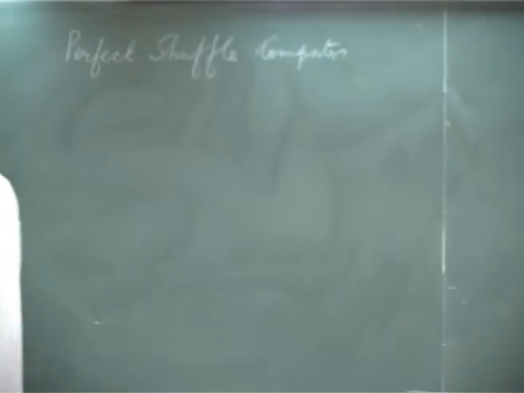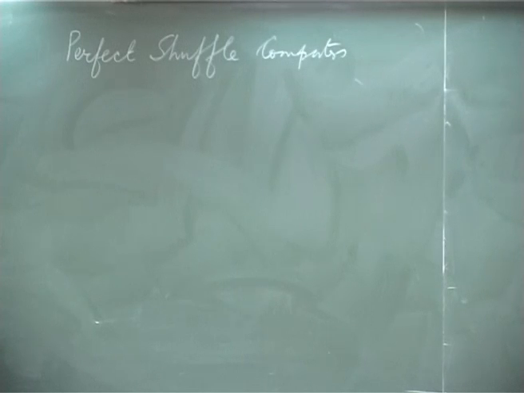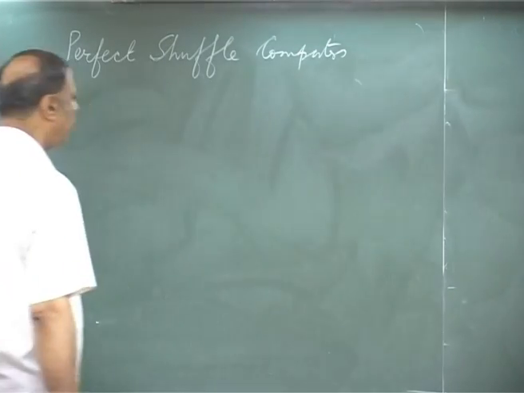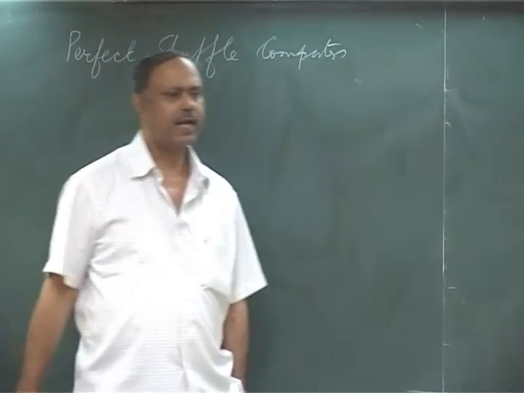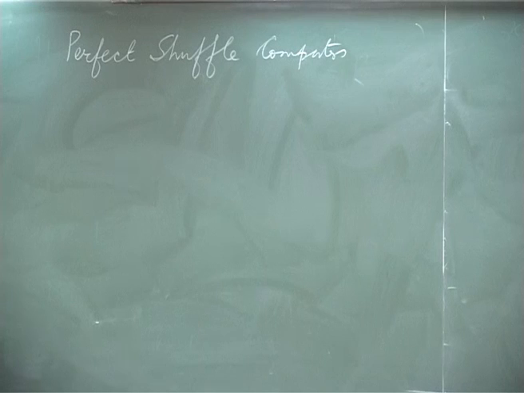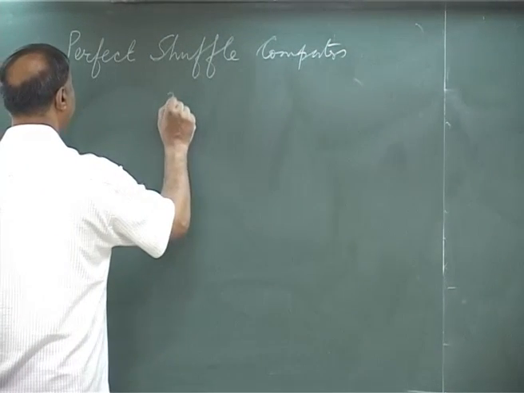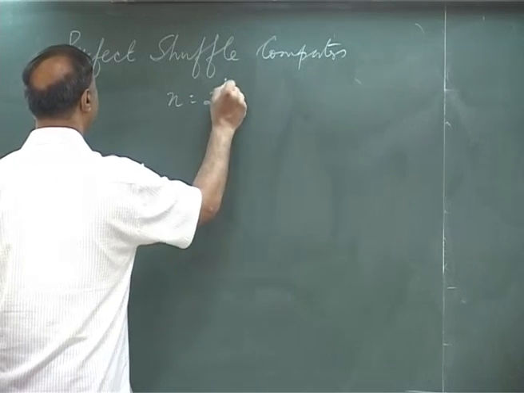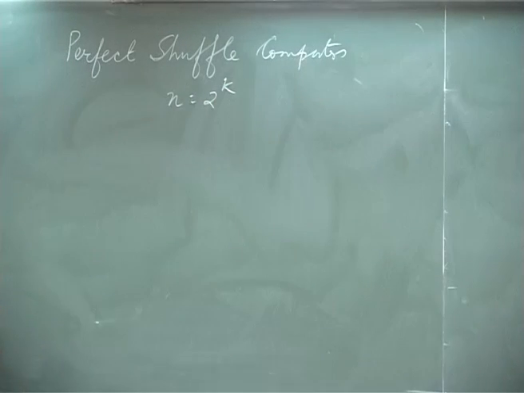You remember that in the case of perfect shuffle computers, it has three connections for each processor, and here we will be using the shuffle and exchange operations to perform this addition of n numbers. Suppose we have n equals 2 to the power k processors.